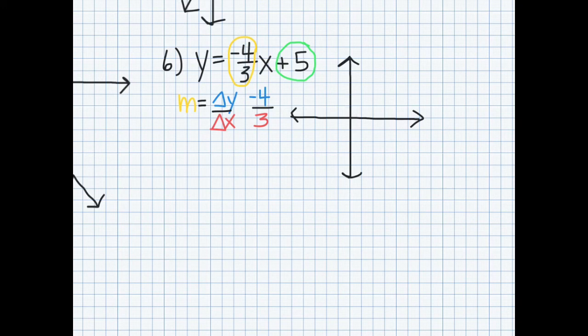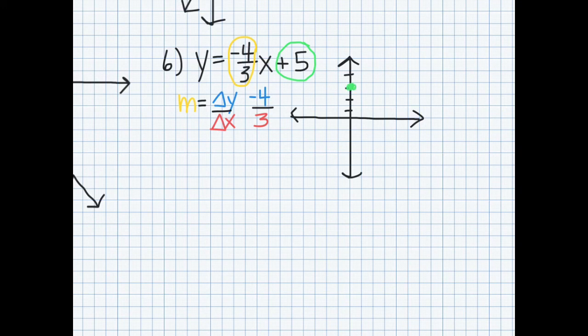If it helps you, you can make those little marks in between each of your grid lines to show those odd numbers. So I'm going to count up to 5 and make my y-intercept, okay?